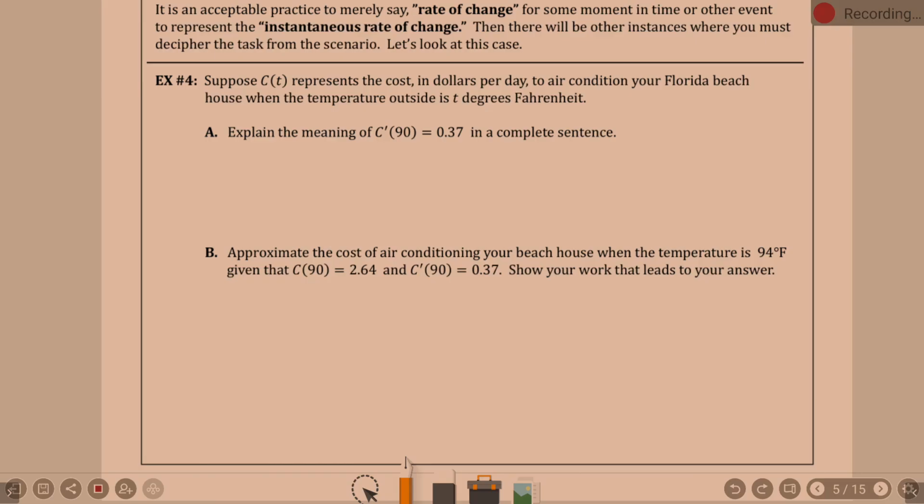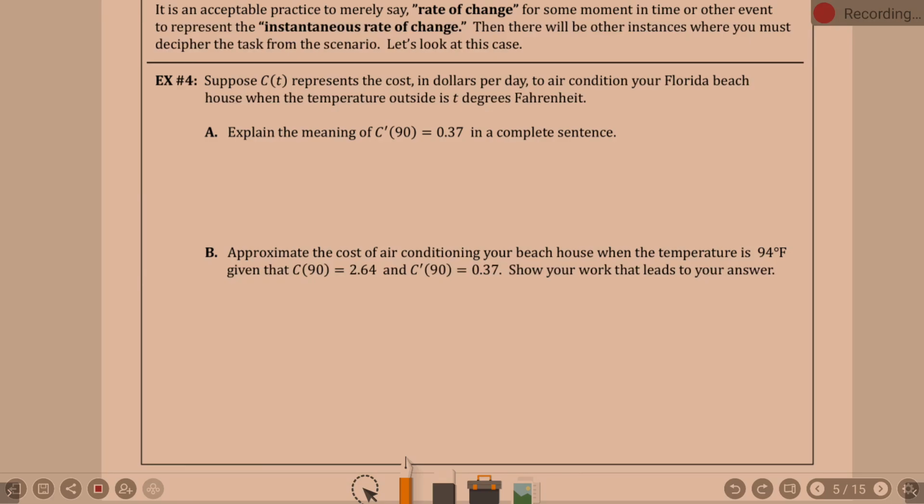Suppose C of T represents the cost in dollars per day to air condition your Florida beach house when the temperature outside is T degrees Fahrenheit. Explain the meaning of C prime of 90 equals 0.37, in a complete sentence. When the temperature is 90 degrees, it costs 37 cents per day to air condition your house.